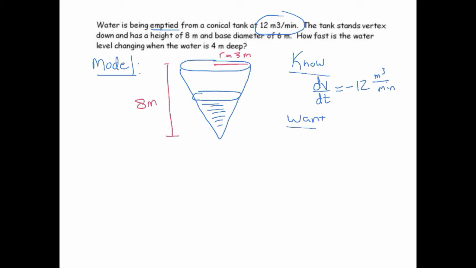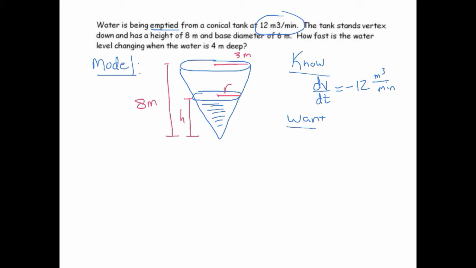And what we want is how fast the water level is changing when the water is 4 meters deep. So let's take a look at the water level. This here, I've got to label as a variable. I'm going to call this H, and I'm going to call this R. In fact, I might even erase this R up here, because that's actually not right.